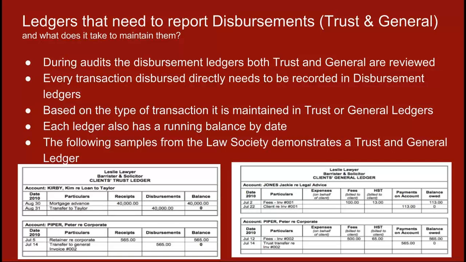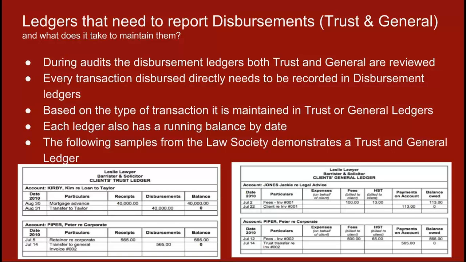So they call it particulars, so this could be just a description of what was it for. The receipt, so basically you received that payment and you did the disbursement. So basically after the fact you moved the money and having a running balance.